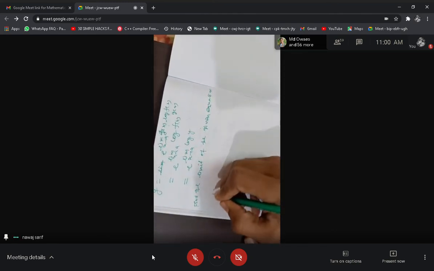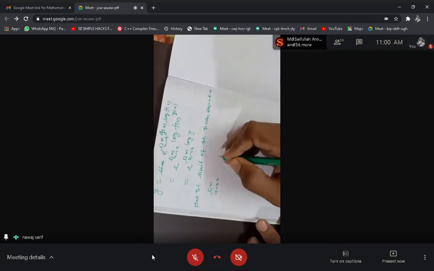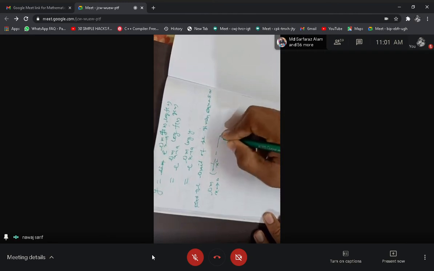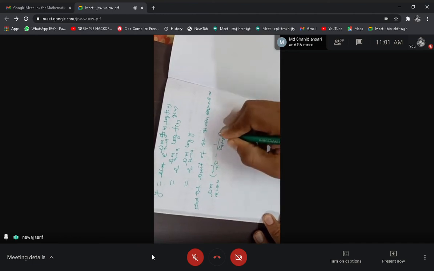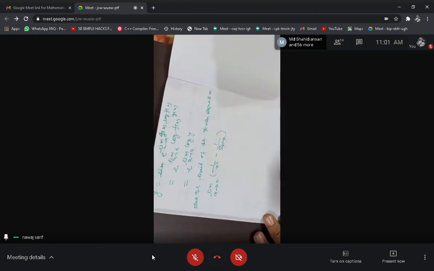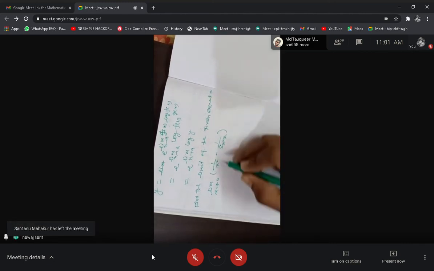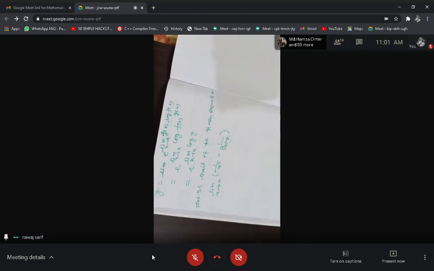This one is limit x tending to 0 of 1 upon x square minus 1 upon sin square x. What will be the limit of this one? Limit x tending to 0 of 1 by x square minus 1 by sin square x.